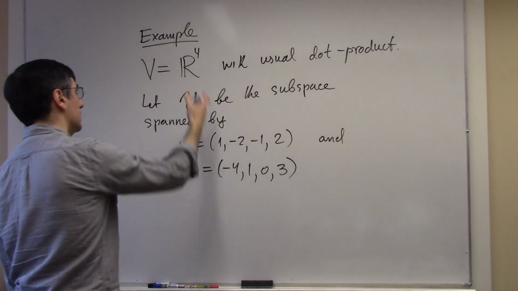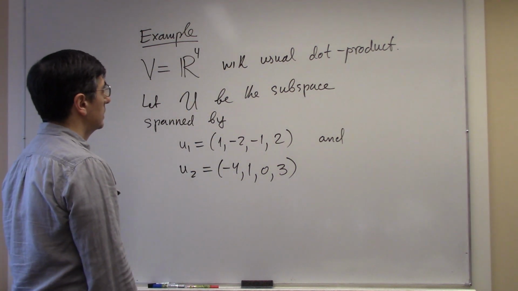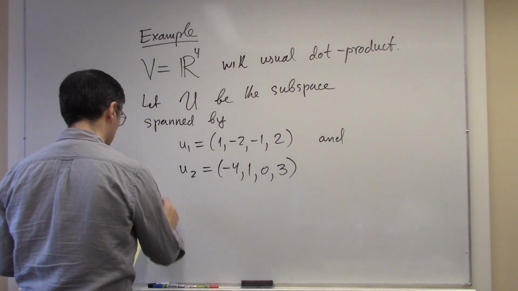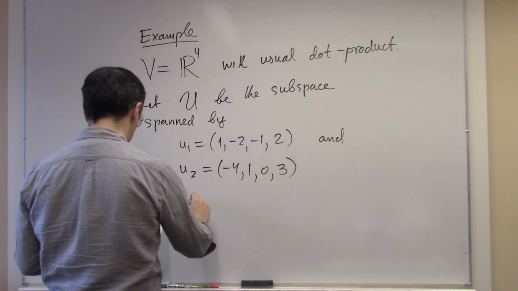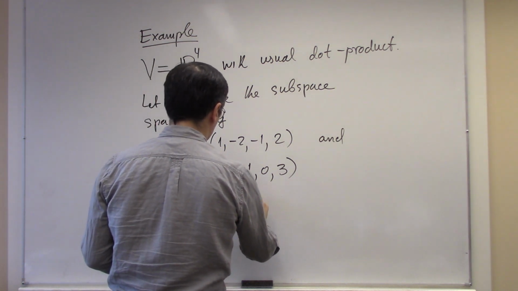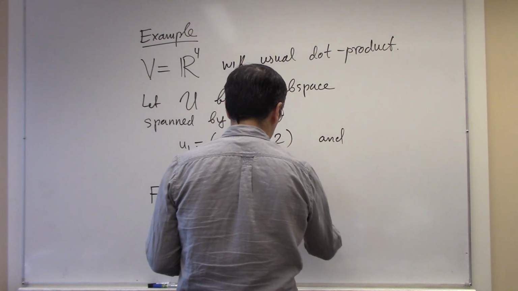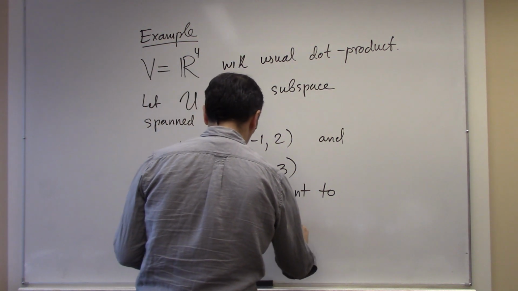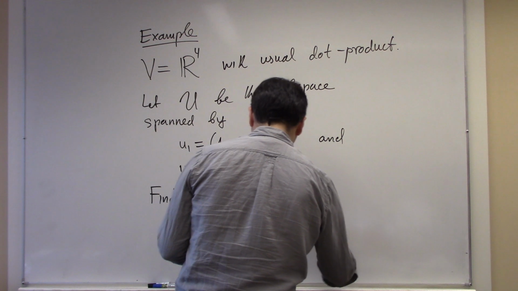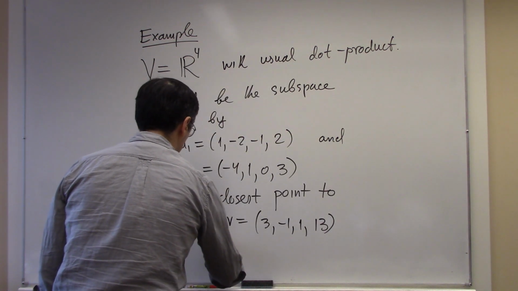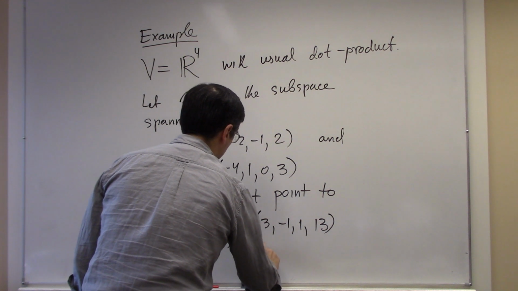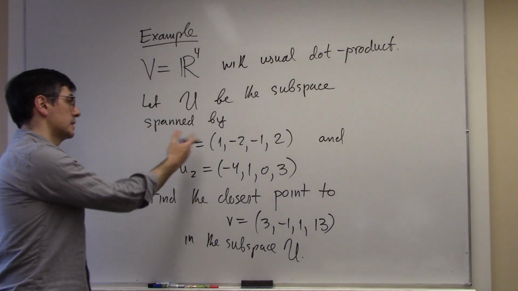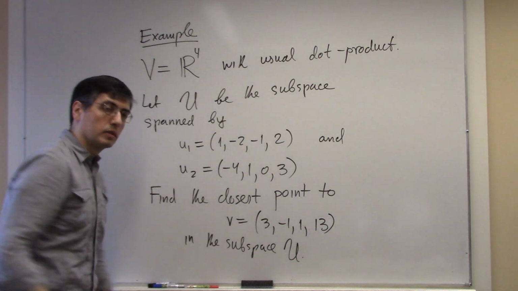They will span a plane in R4, and the inner product is the usual dot product. Find the closest point to V, which is (3, -1, 1, 13), in the subspace U. So that's the problem. You're given a subspace as a span of two vectors, and you're given this V.